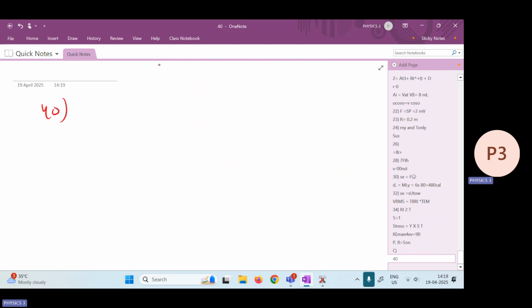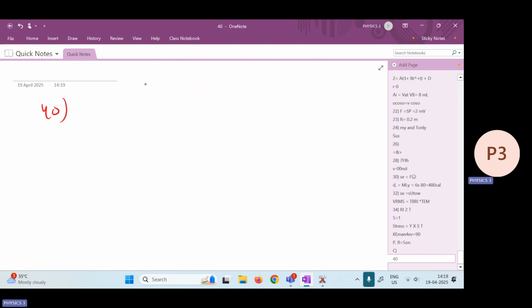Okay, now let's go to the next question, the 40th question. We have been given a hydrogen atom and a lithium 2 plus ion are both in the second excited state. If L of H and L of Li are their respective electronic angular momentum and E of H and E of Li their respective energy.